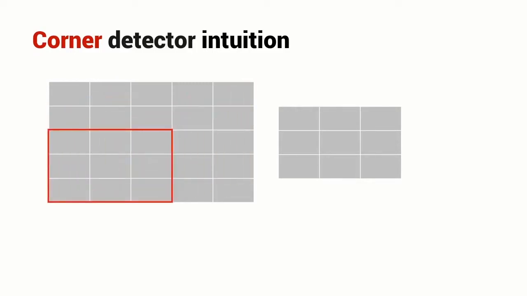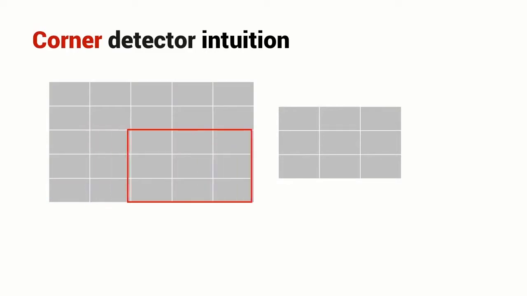Wherever I put this moving red rectangle, it looks exactly the same as the original 3x3 window. So this central window that I chopped out is similar to 8 other possible locations that I could put my 3x3 window. It's not unique. And this is the problem with the sky. All of the pixels are the same color. Wherever I put the 3x3 window, it looks the same as the central 3x3 window.